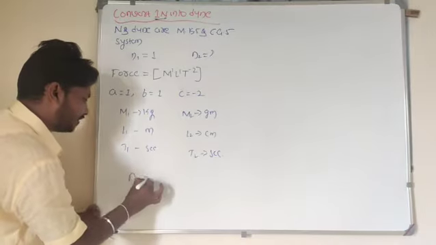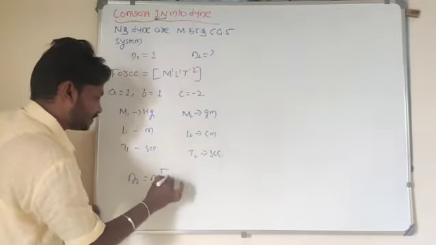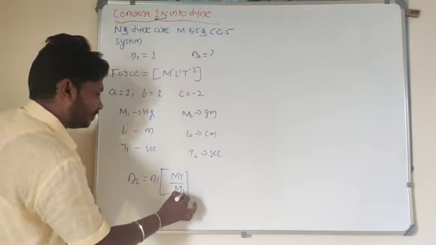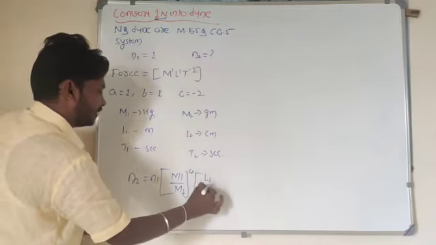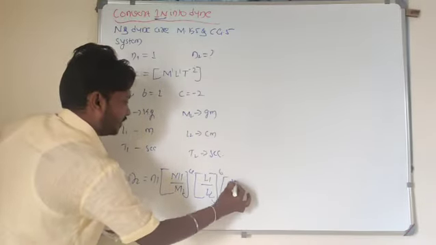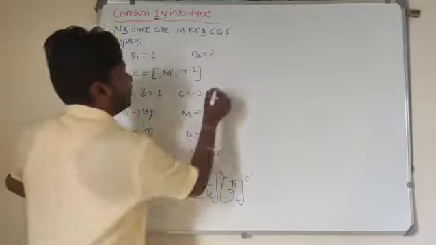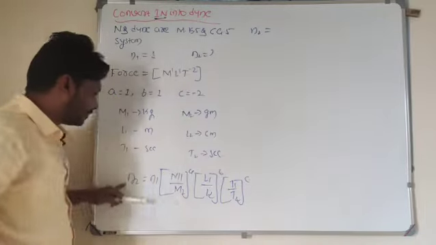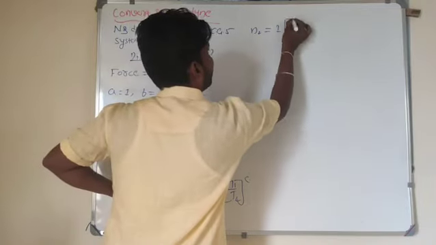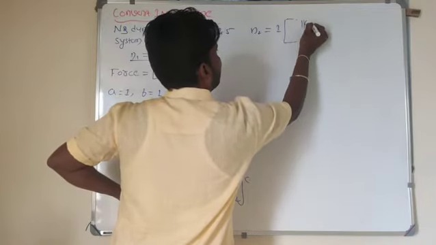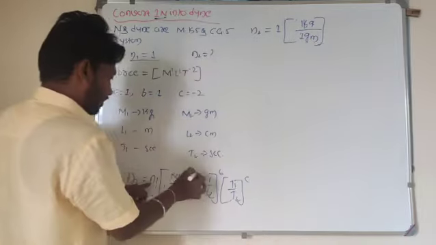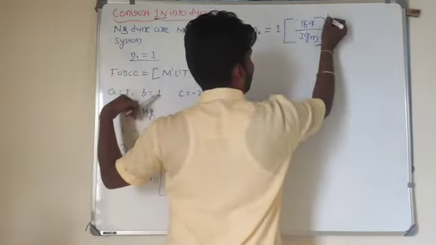So again I will use the same formula. N2 is equal to N1 into M1 by M2 of a, L1 by L2 of b, T1 by T2 of c. Let me fill in the values along with me. N1 value is 1 here. This is 1 kg, 1 gram. Power a value is 1 here.